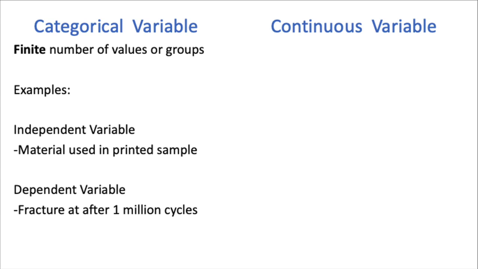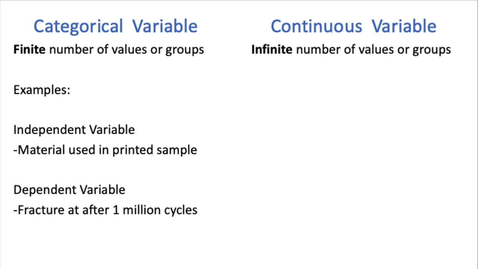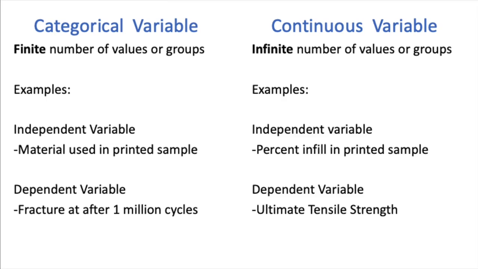A categorical example of a dependent variable could be whether or not my sample fractures after a certain number of cycles. On the other hand, we have continuous variables. These variables have an infinite number of values or groups.